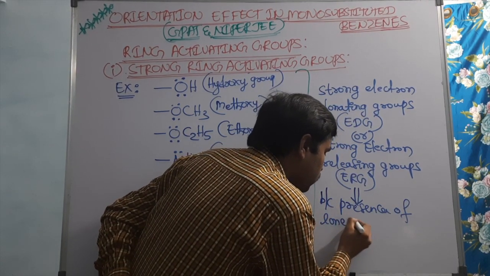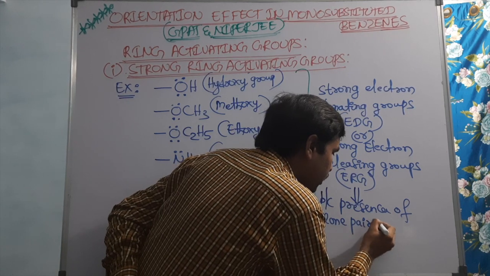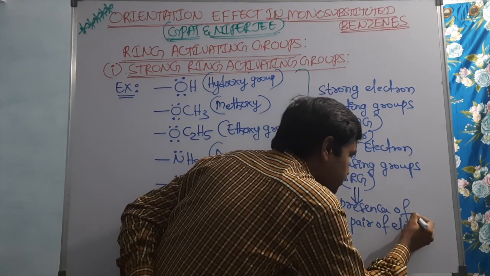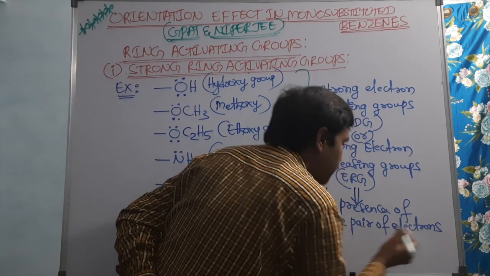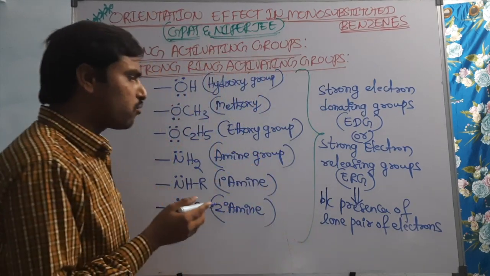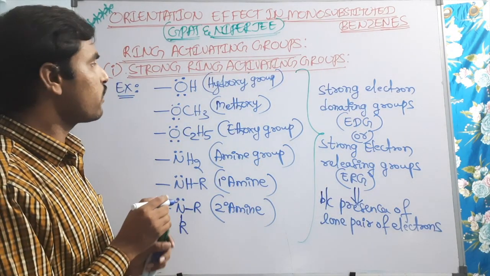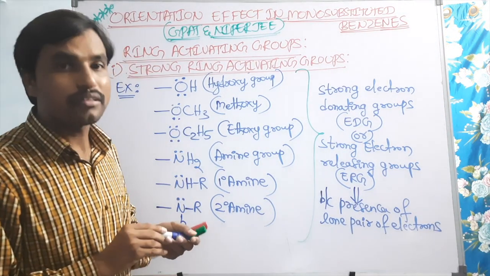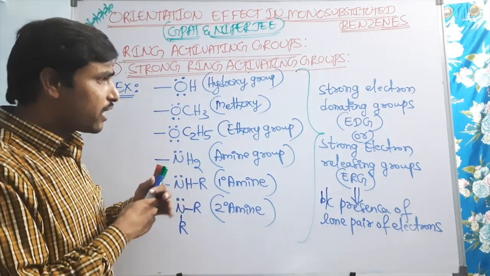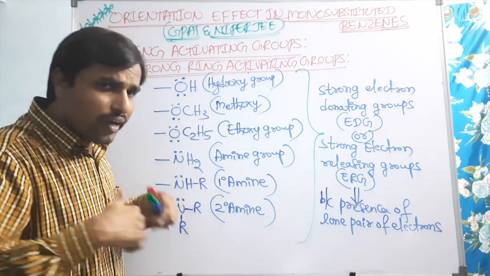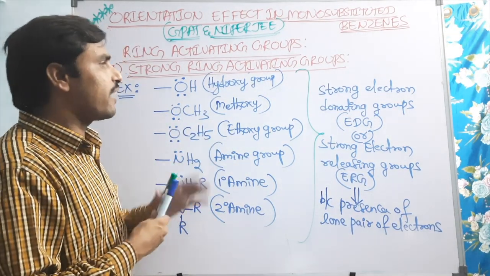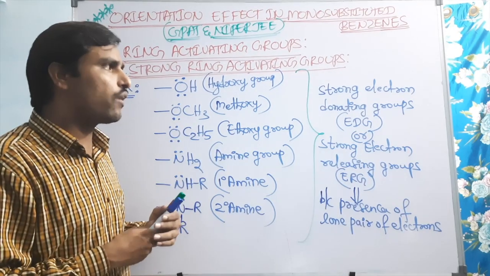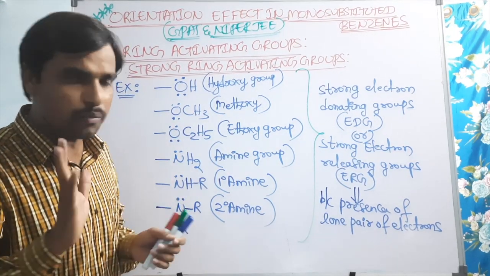Because of the presence of lone pair of electrons on this oxygen atom or nitrogen atom, these compounds readily donate the electrons. That's when these compounds are called strong electron donating groups.